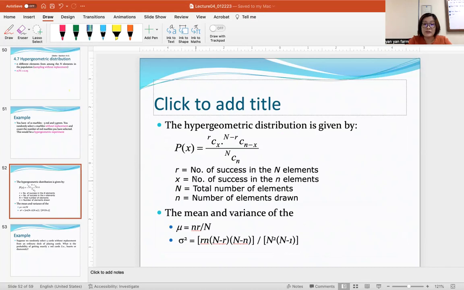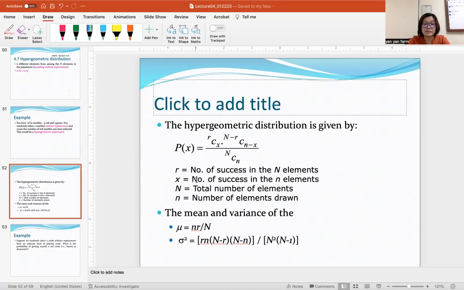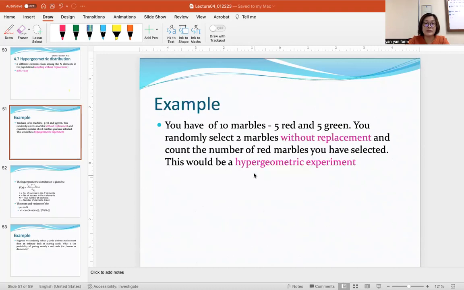Count the number of red marbles you have selected. So it might be 0, 1, or 2, correct?